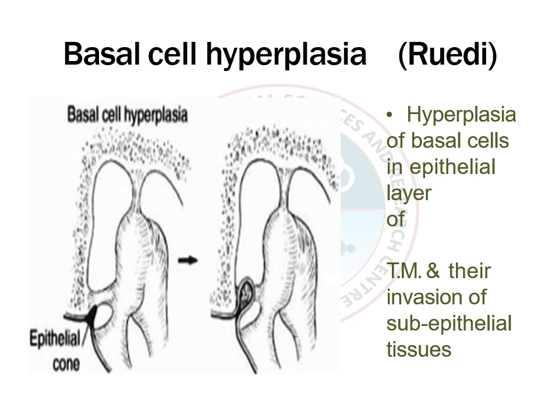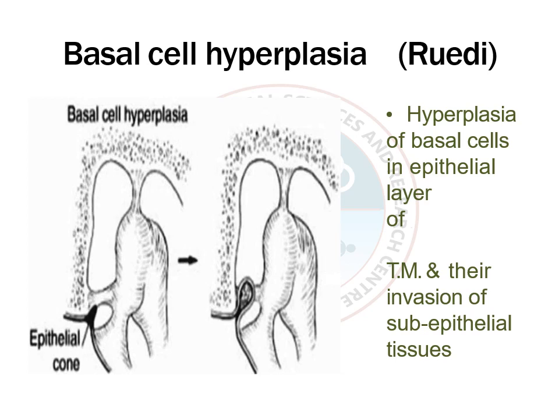The second theory is basal cell hyperplasia, which was given by Ruedi. What Ruedi says is, there is hyperplasia of the basal cells in the epithelial layer. In simple terms, there is a proliferation of the basal layer of the pars flaccida, and it might be due to some childhood infections.